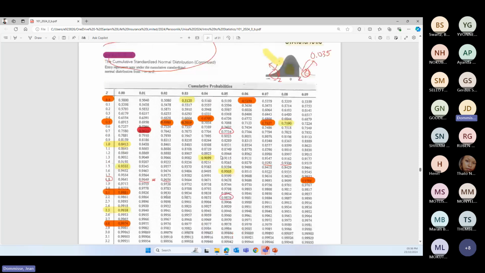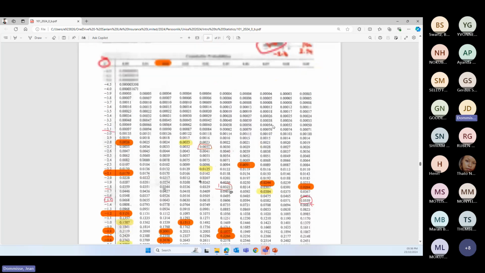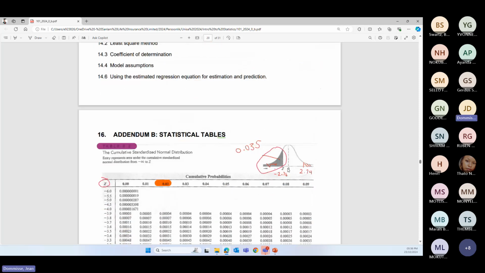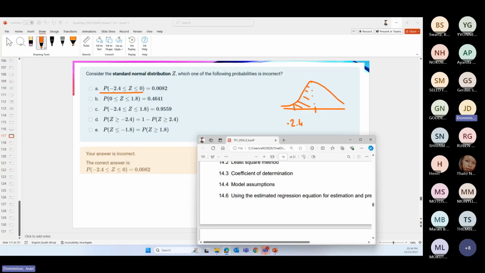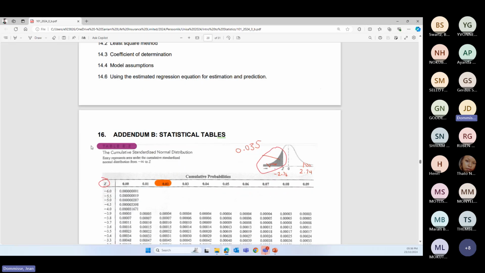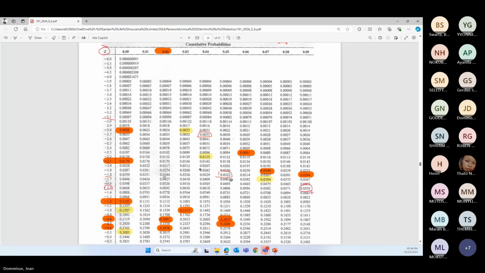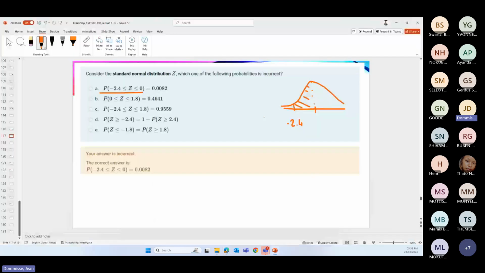We need to be between 0 and whatever. So let's just first see what minus 2.4 is. The minus 2.4, there it is, 0.0082. So this small area is 0.0082.